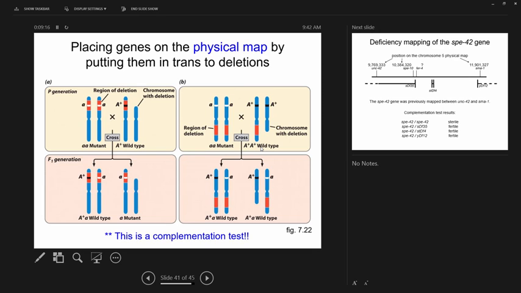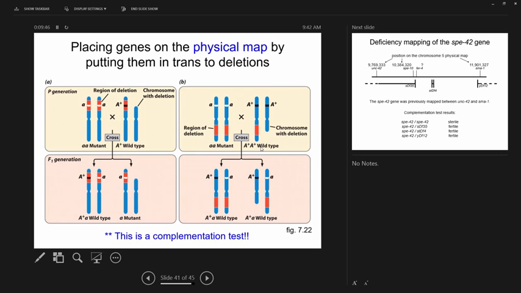So we're going to use a complementation test, same as we did before, only instead of crossing our new mutant to a tester that has an allele that we already know about and seeing if it's another allele of that gene, here we're crossing a homozygote for our mutant to a phenotypically wild type organism that is heterozygous for a deletion.